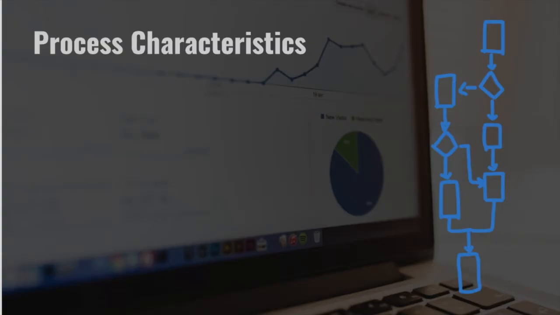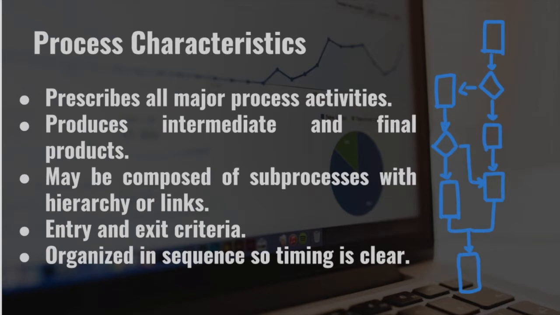The first thing that we must understand before actually going into the different models that we will be talking about is what is a process, like what are the characteristics of a process. So in terms of software engineering, a main process will prescribe all major process activities.